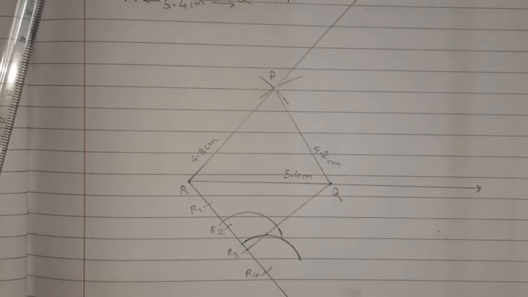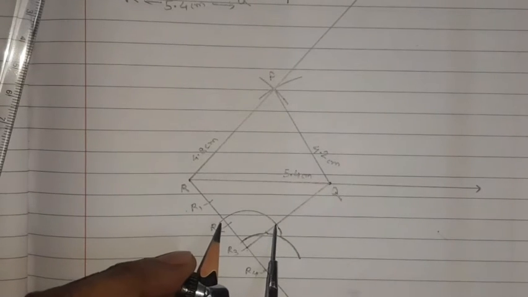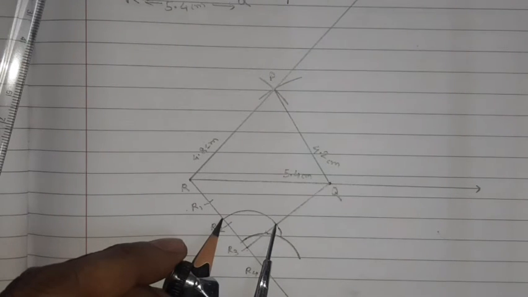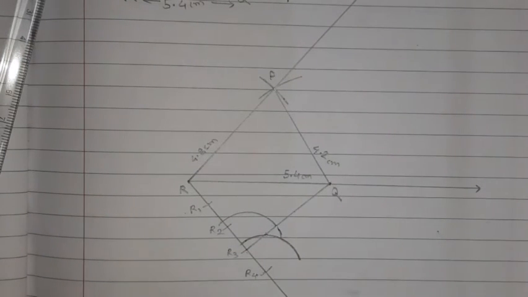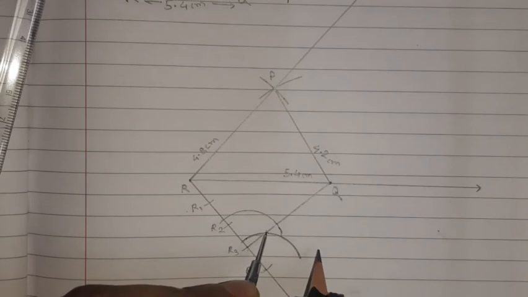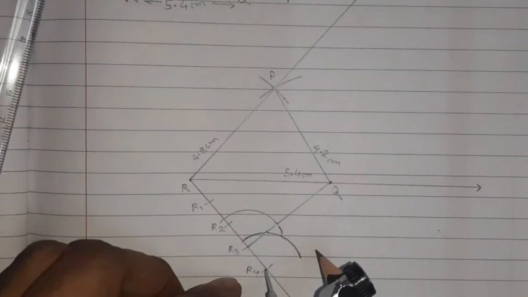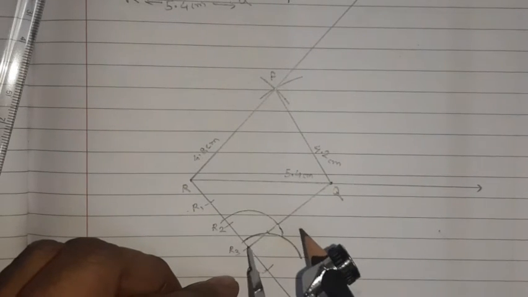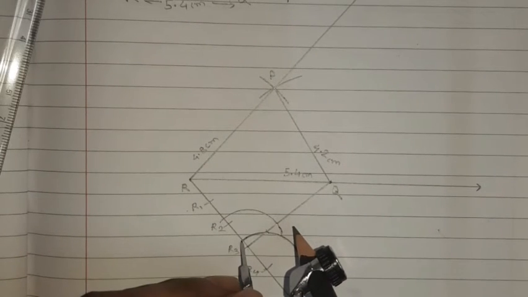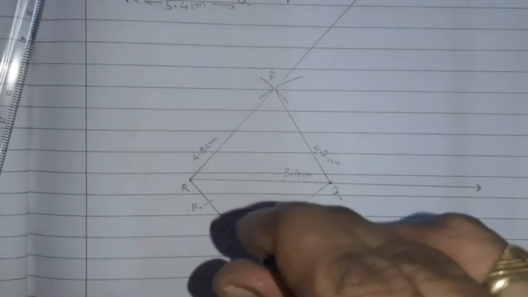Now take this much distance and put the metal point on here and draw the intersecting arc.